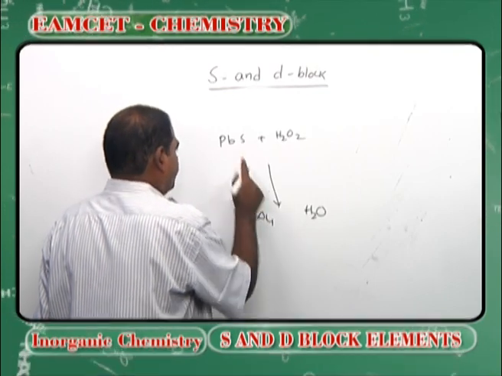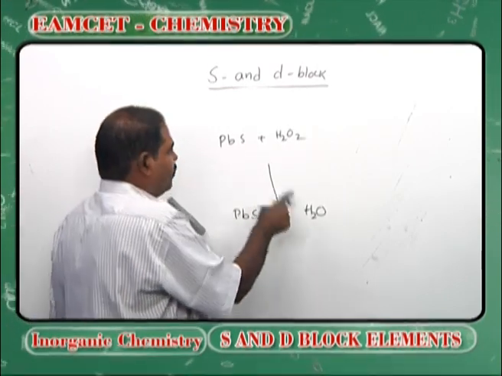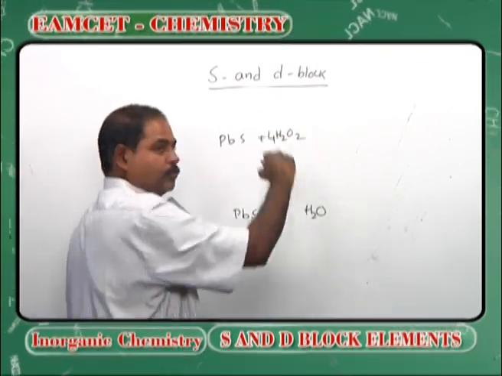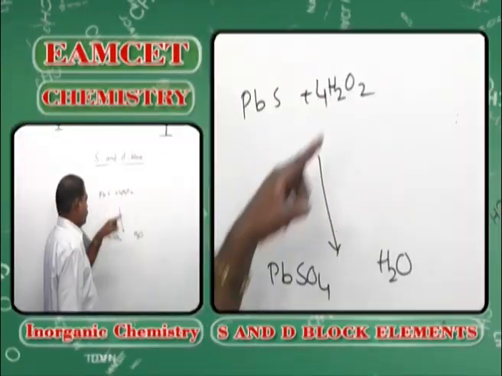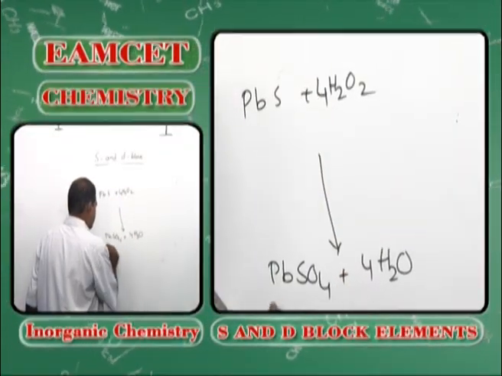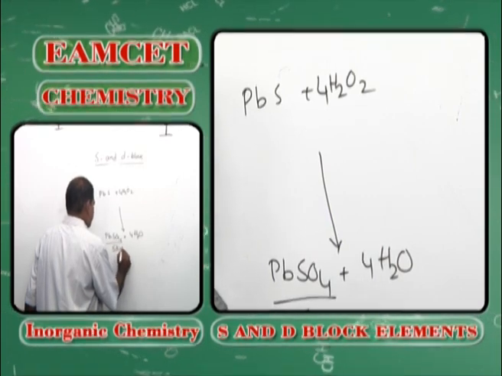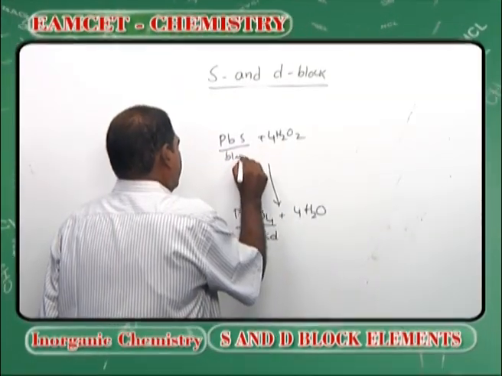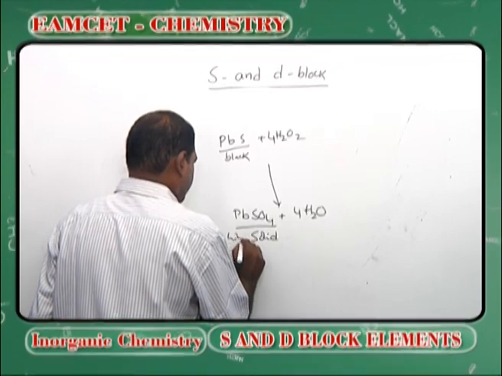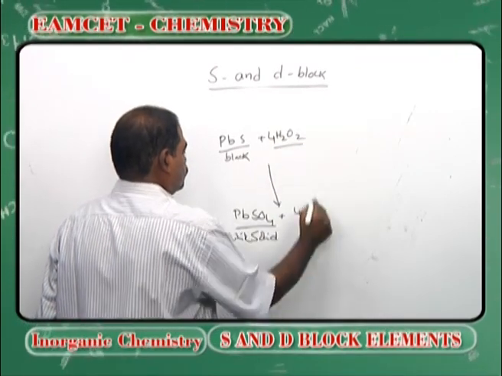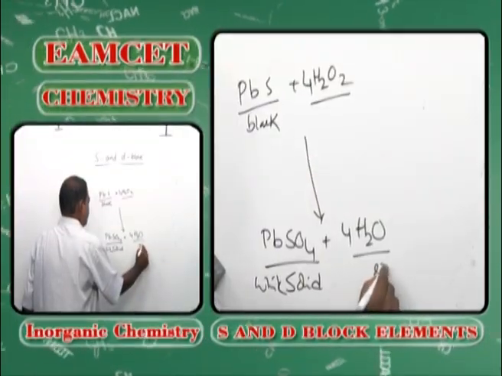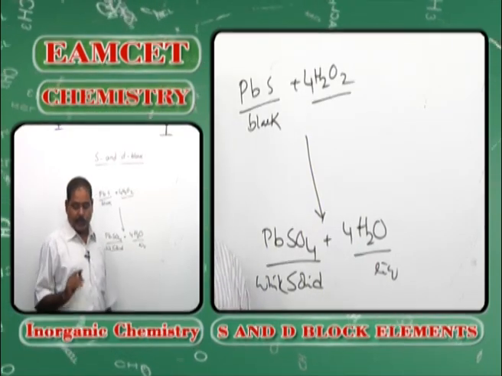So I want 4 oxygens here. How can I get 4 oxygens? I should take 4 H2O2. When I take 4 H2O2, I get 4 H2O. PbS is a black solid, PbSO4 is a white solid, and 4 H2O is a liquid. So you don't get a gaseous product in the third option.